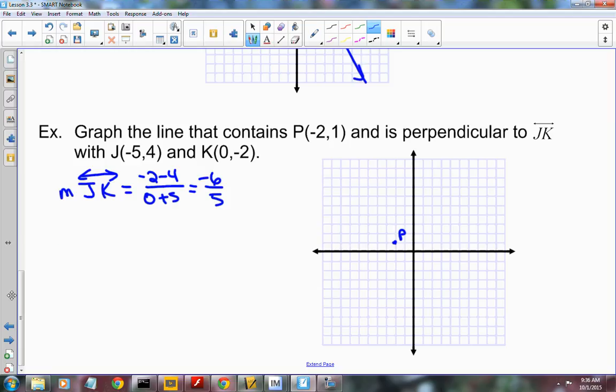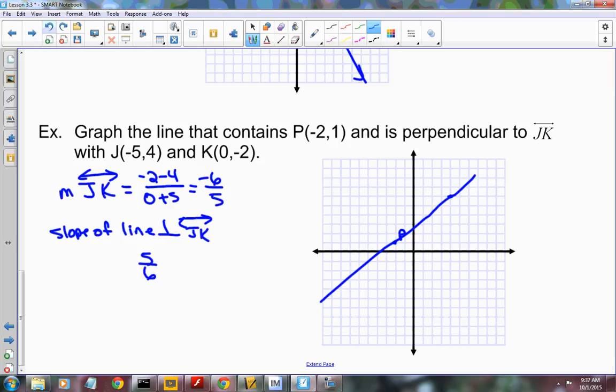Then the slope of the line perpendicular to JK is going to be the opposite reciprocal, which is +5/6. So from this point, I'm going to rise 1, 2, 3, 4, 5, and run 1, 2, 3, 4, 5, 6. Terrible line, but anyway. A little bit better. There.